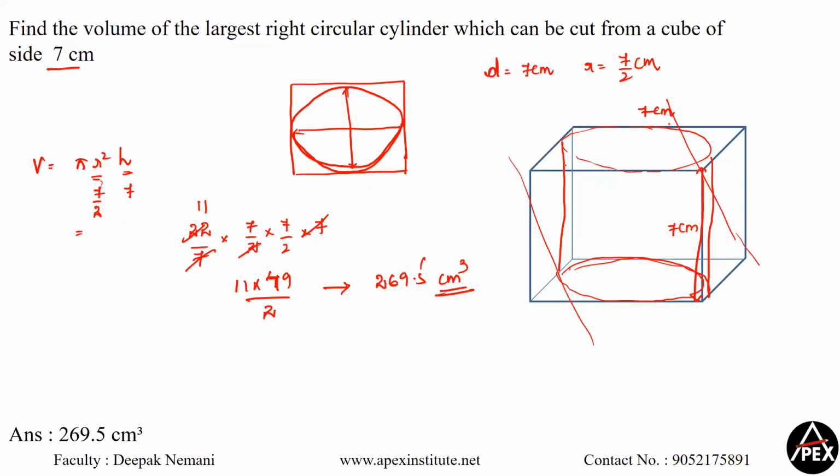If you have maximum area of cross section, you might not have height. Clear? Is it clear? Okay. Now moving ahead.